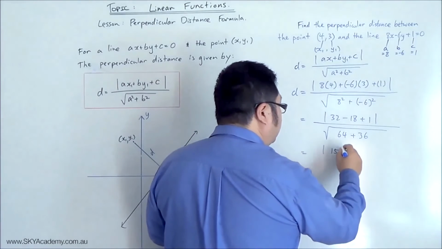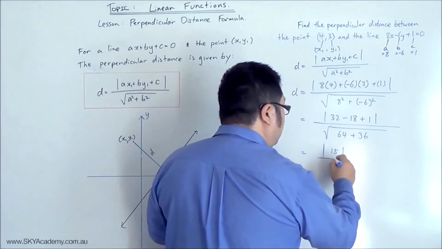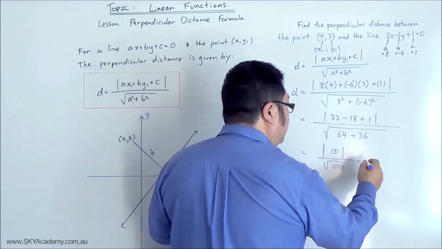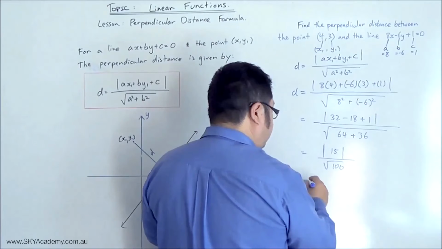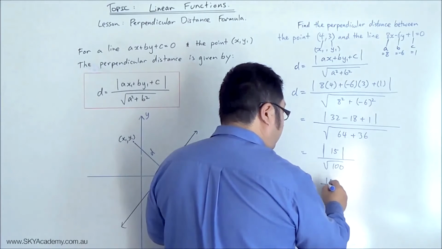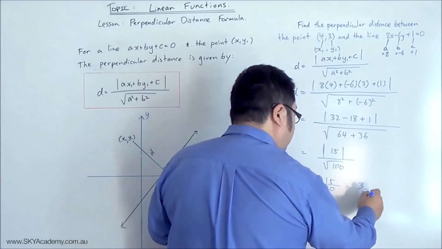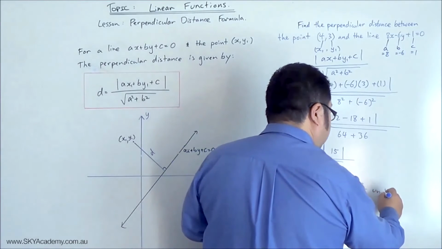So it's the absolute value of 15 over the square root of 100, which is 15 on 10, which is equal to 3 on 2 units.